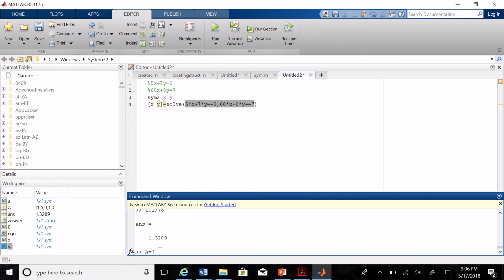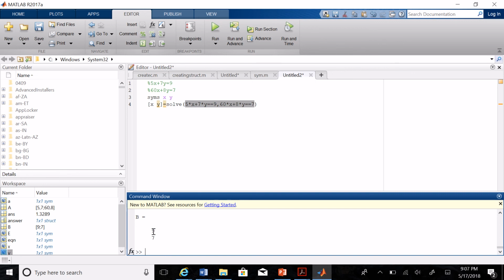So it's 5 and 7, all the coefficients of the variables, and I have 6 and 8. So that's my A: 5, 7; 6, 8. And B is equal to 9, 7, and transpose of that.